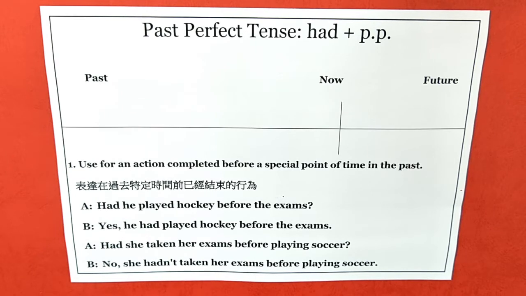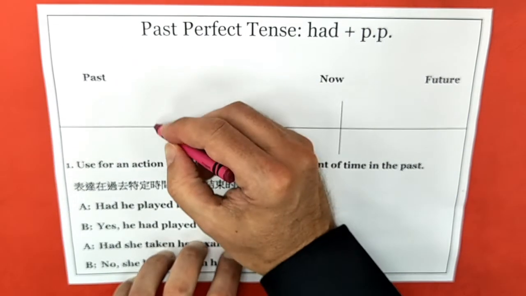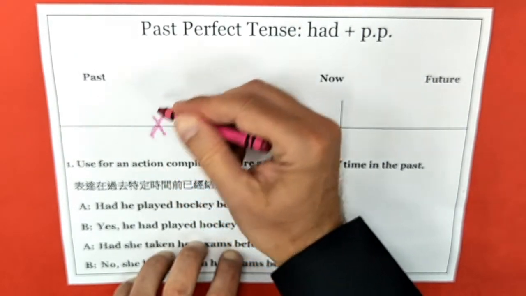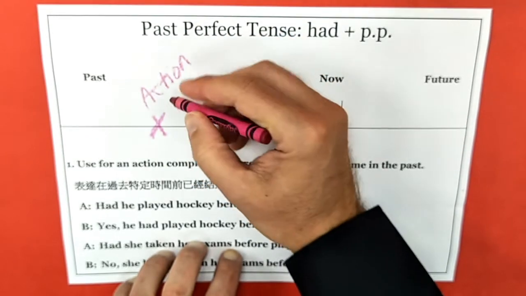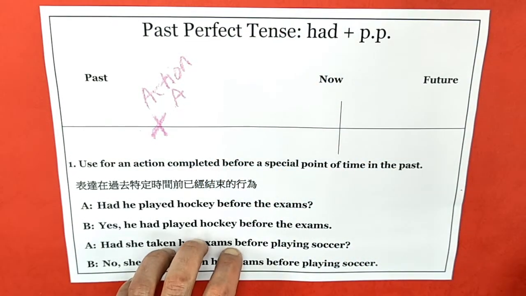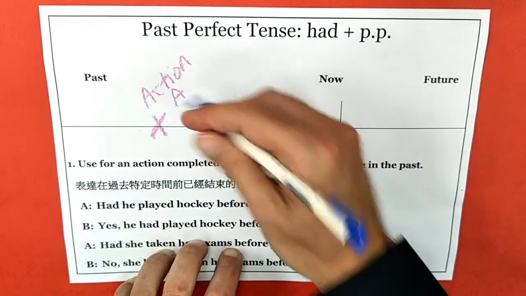A, had he played hockey before the exams? B, yes, he had played hockey before the exams. All right, well, let's draw that. All right, first we have here action A. Action A. And that action A was playing hockey.